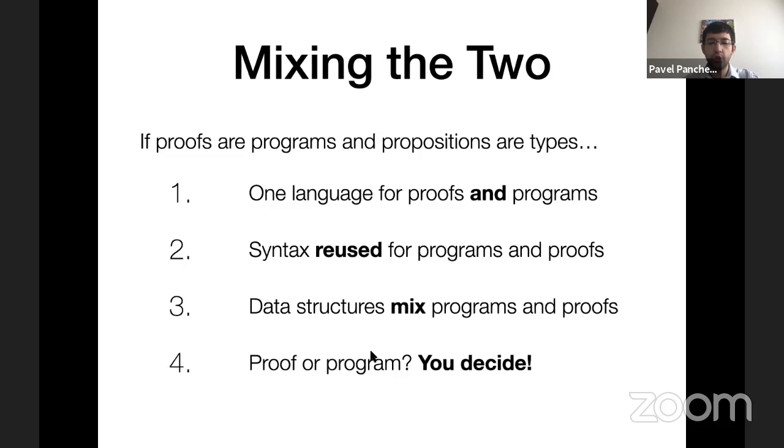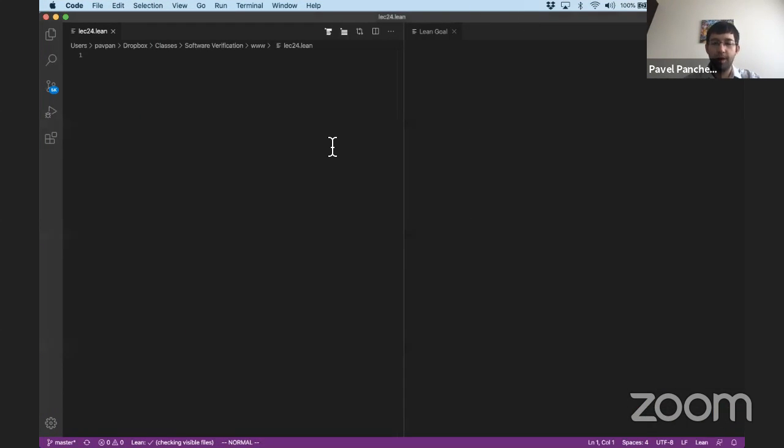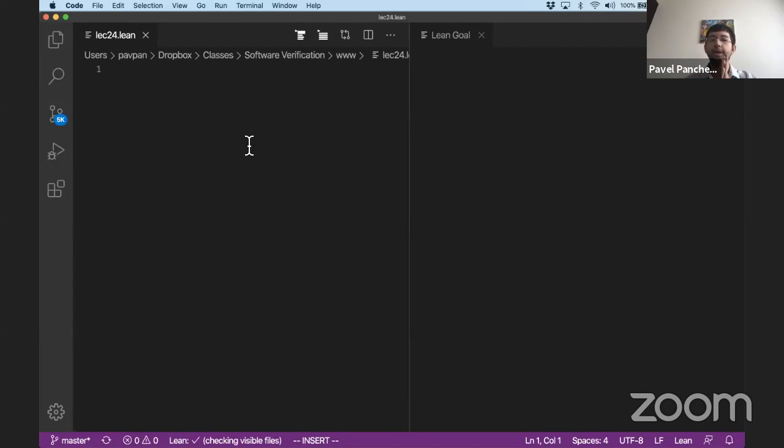So let me show you a little bit of this by proving some simple logical propositions in Lean. I've got here the same thing we were looking at last time. We've got a little Lean setup, and I'm going to try to write down a proof in this proof assistant, and we'll talk about how we can interpret this as a program and how we can interpret this as a type.